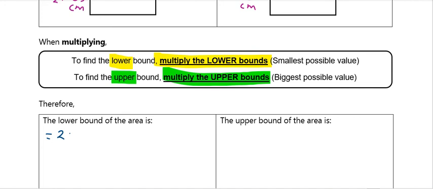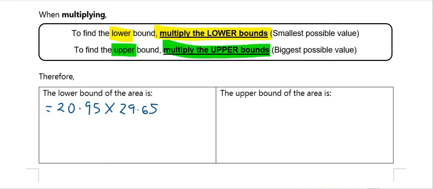Okay, 20.95 times 29.65, and you will get a number that is not exact. So you will write it like this first. You will get the exact area, which is this one.